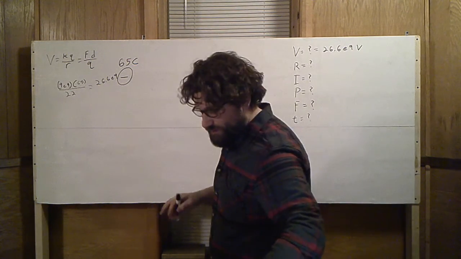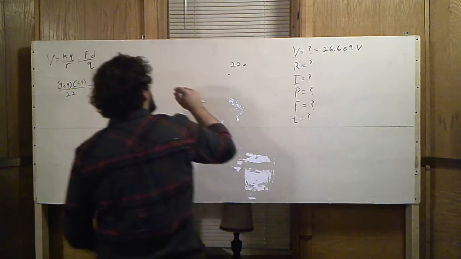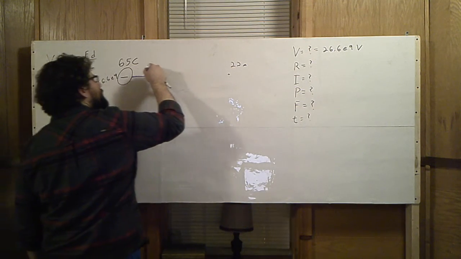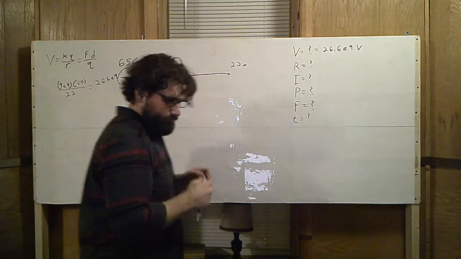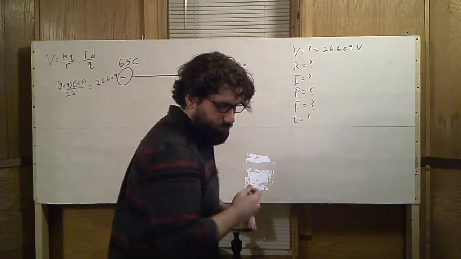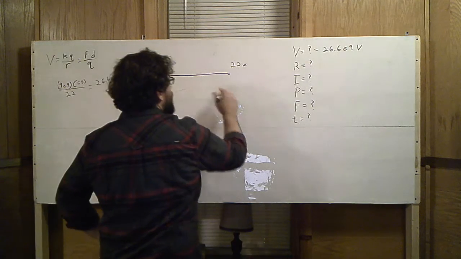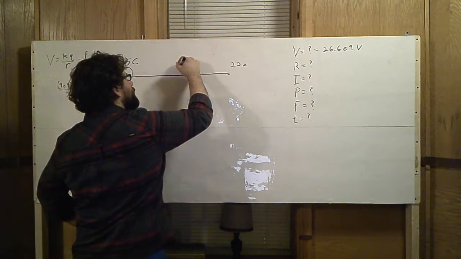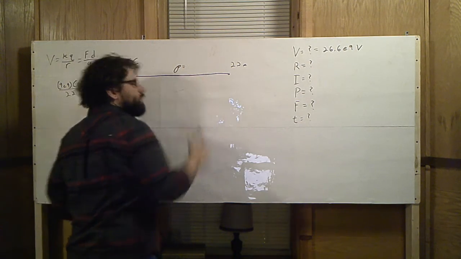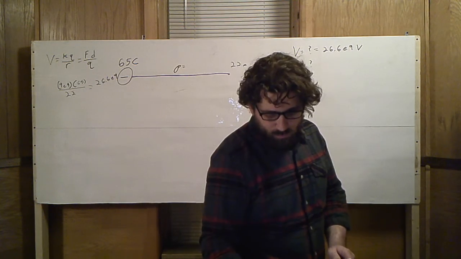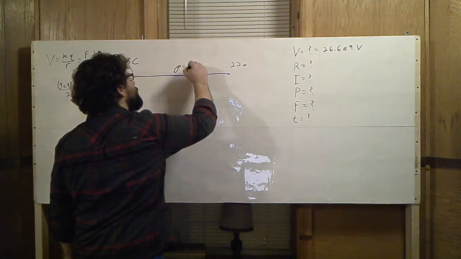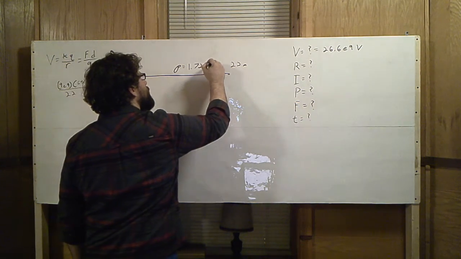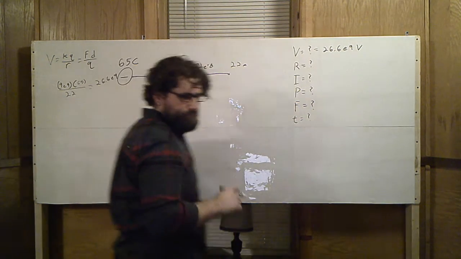Resistance. In order to find this, I do need to know some things. We're going to say that this is a copper wire being placed between these 2 points. The resistivity of that copper wire is going to be 1.72E-8.